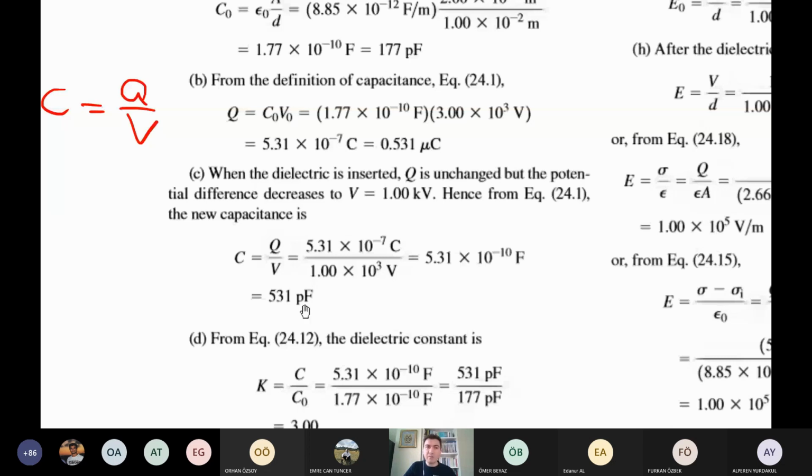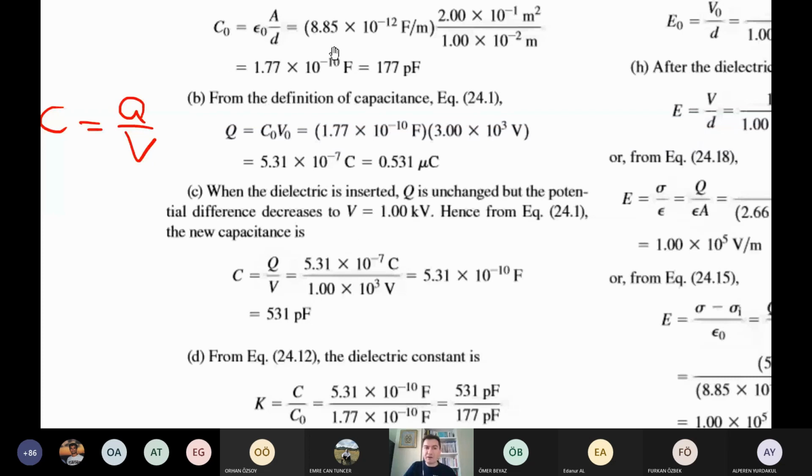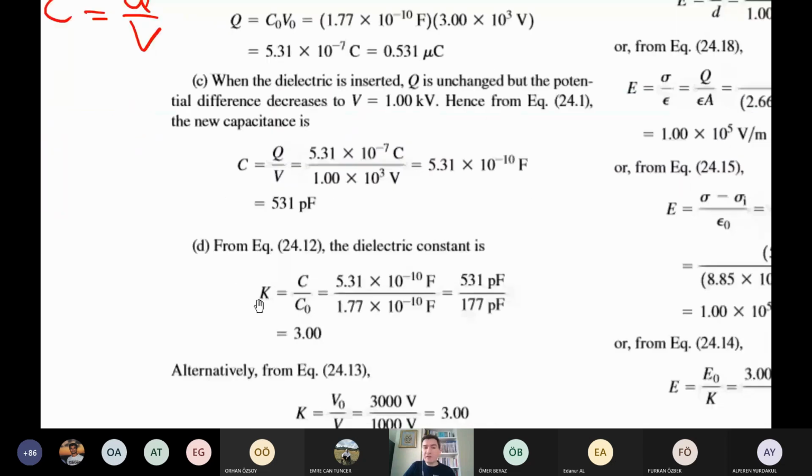Look at the initial capacitance, C0, 177 picofarad, and the final capacitance, 531 picofarad. So capacitance is increased. And by using this relation, K can be calculated, the dielectric constant of the dielectric material inserted between the plates.